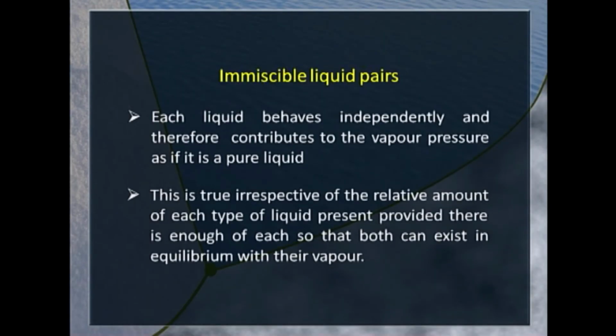This is true irrespective of the relative amount of each of the liquids present in the mixture, provided their amounts are sufficient enough so that they exist in equilibrium with their vapor.